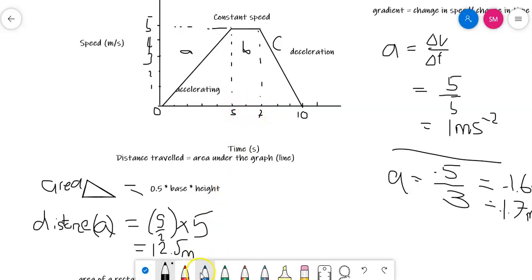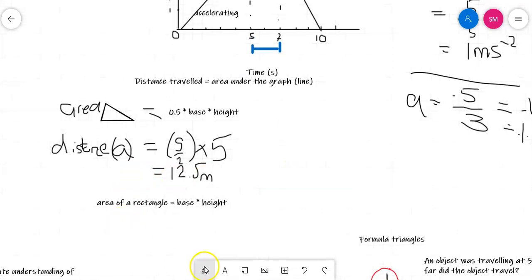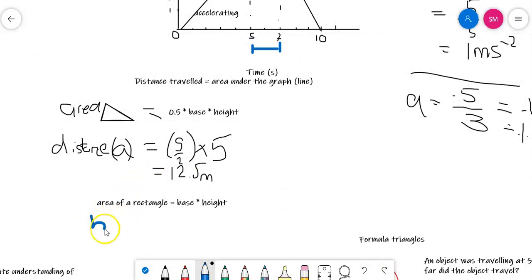It's important that when we're looking at the base in a graph, we are only taking the area for the section that we're looking at. A common mistake would be to say that the base is 7, but no, the base in this case is 2, because it's 7 minus 5, and the height is still 5. So the distance traveled for section B equals 5 times 2, so we've got 10 meters.